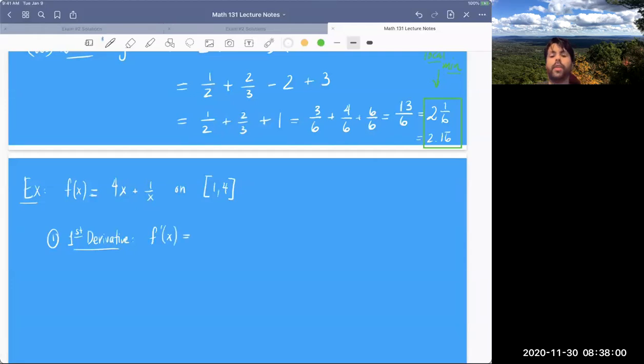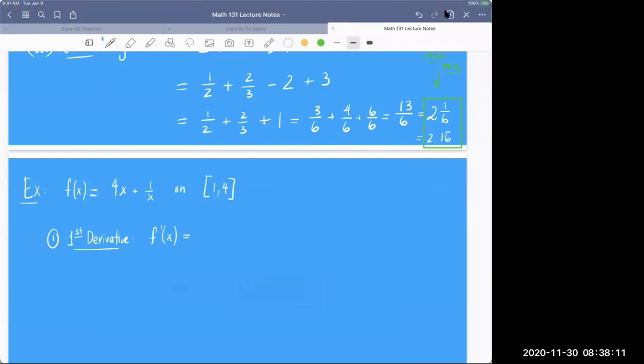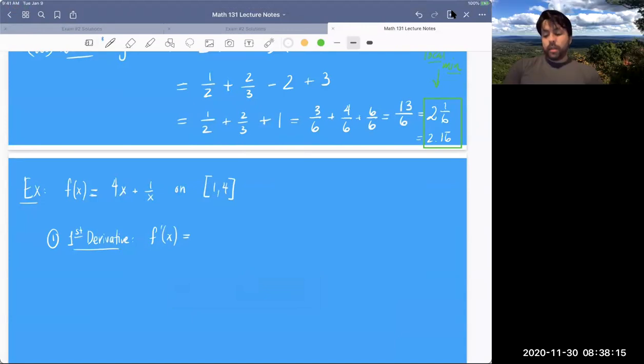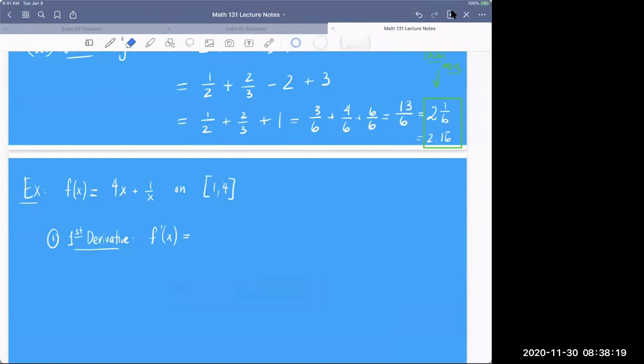So now the question is, what's the derivative of 4x plus 1 over x? I only have to do one extra thing: move the x to the numerator.